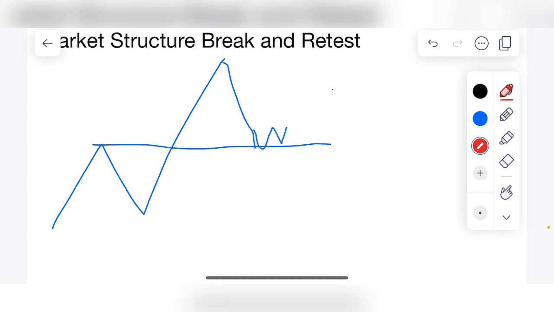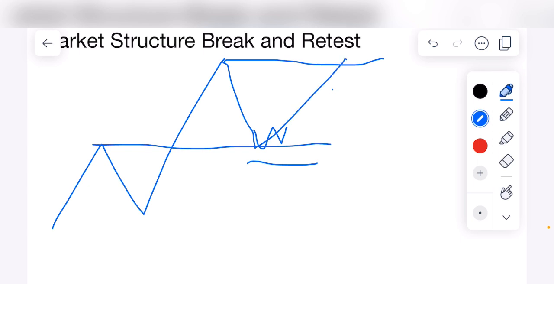The stop loss should be below the double bottom here, and then the take profit, normally, I take profits at the highest points of the markets. So here should be a take profit and here should be a stop loss.